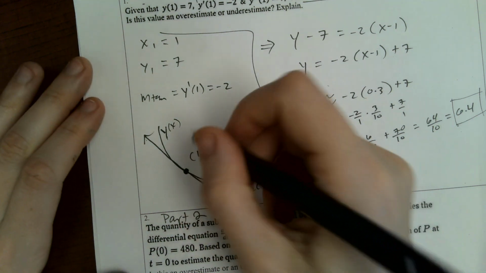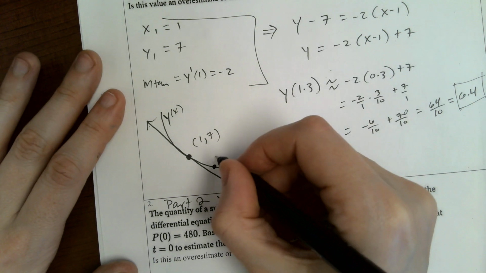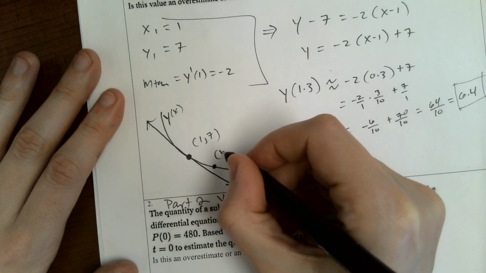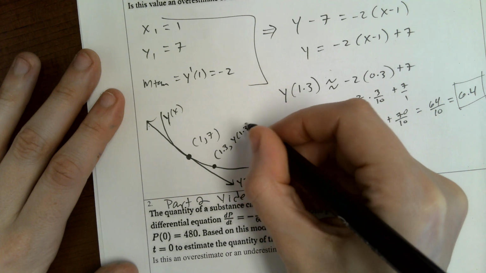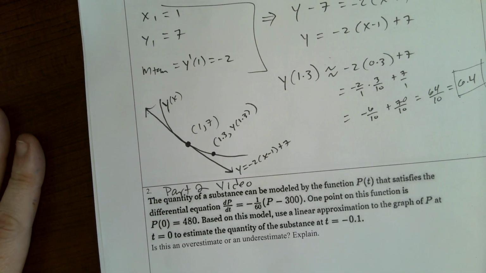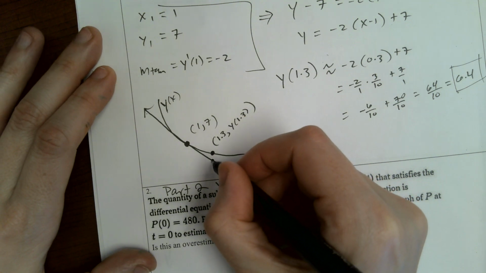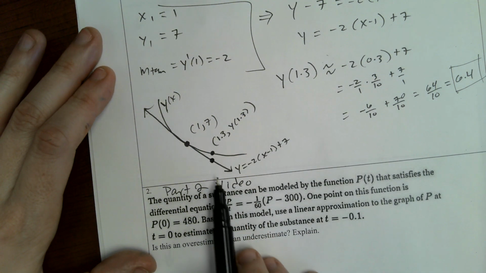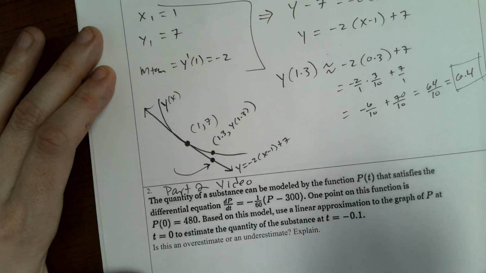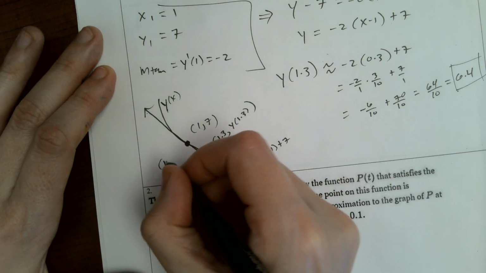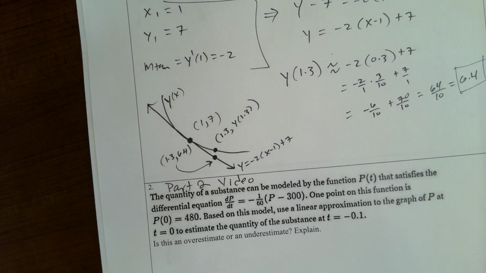As a nice visual, let's say this point here is 1.3, y of 1.3. What we found is this point right here, so that is (1.3, 6.4).